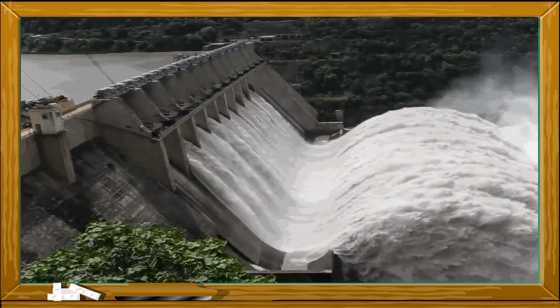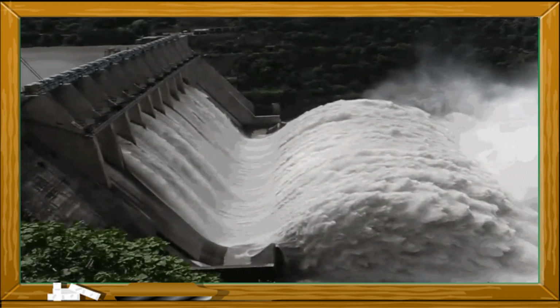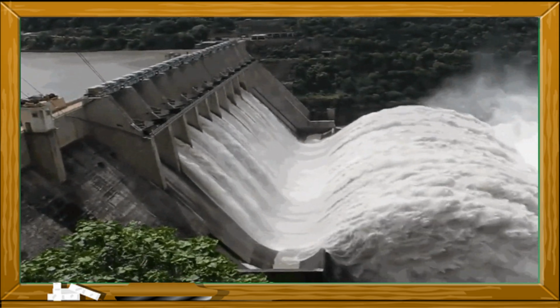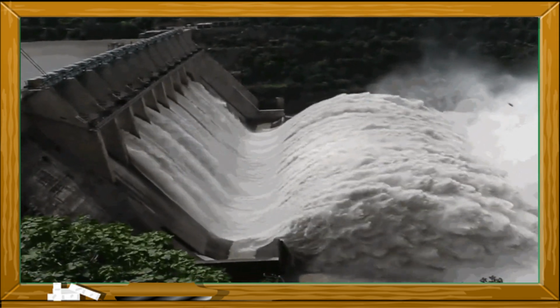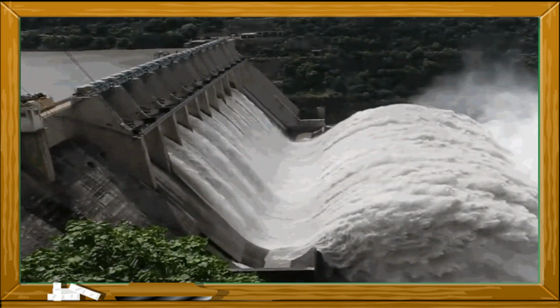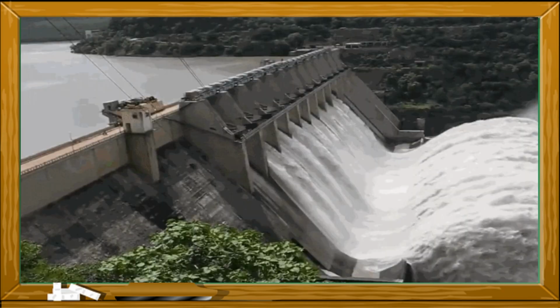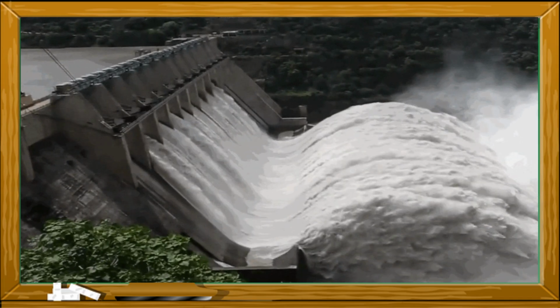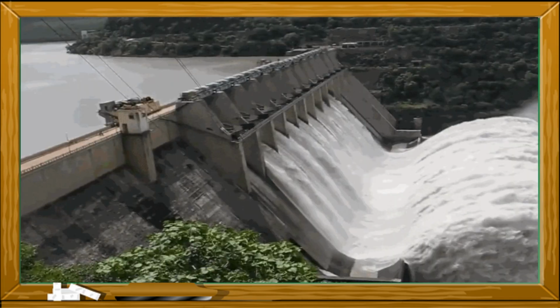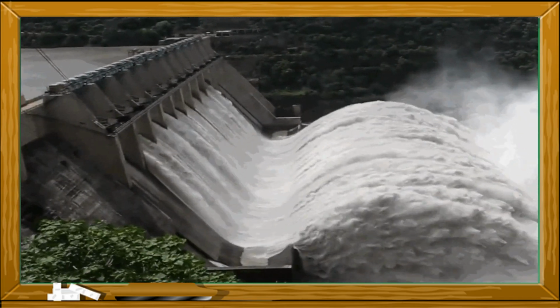Since we already learned that the stored energy has the potential to do work once released, think of water held in a dam. It has potential energy. Once released, the water has the potential to move objects along its way. The potential energy of the water is transformed into kinetic energy.